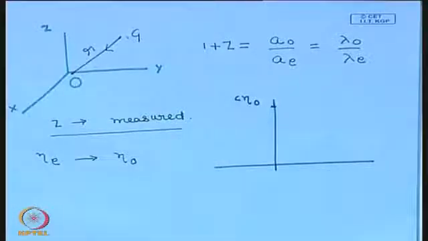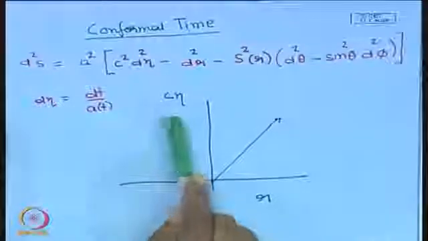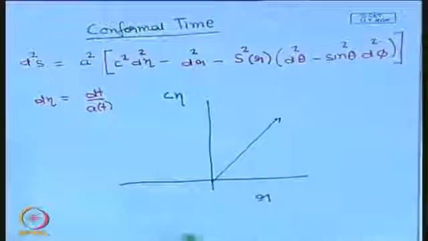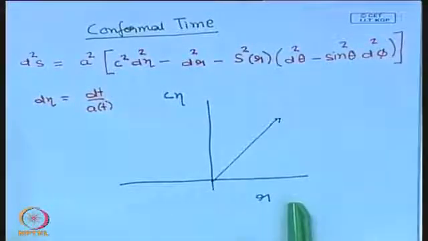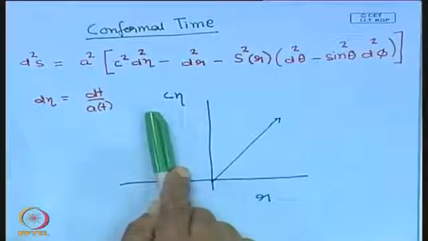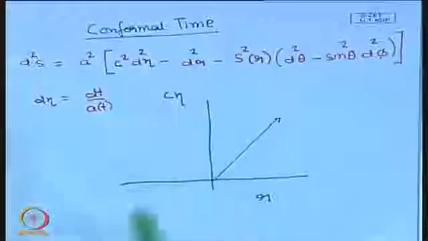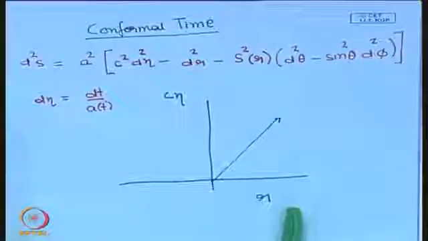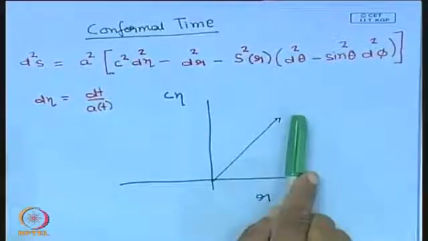We are used to a space time diagram with ct and the displacement r. This is a space time diagram where we have the comoving distance r along the x axis and c times the conformal time eta along the y axis, and the propagation of light is along 45-degree lines.